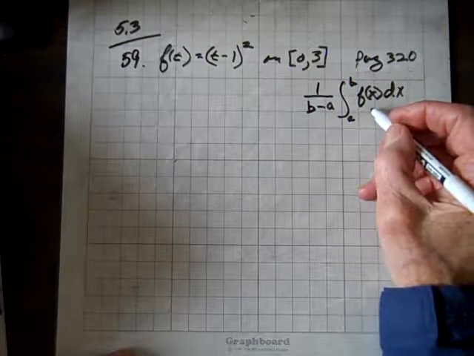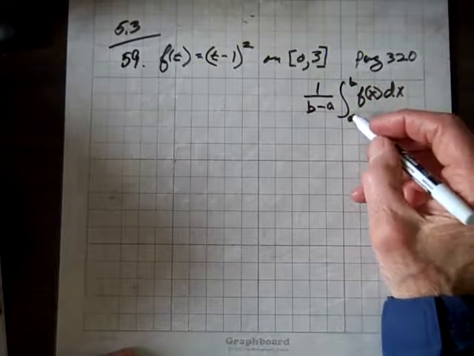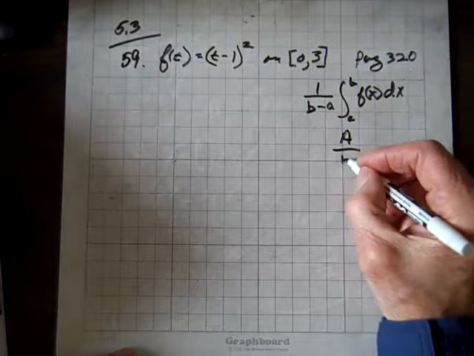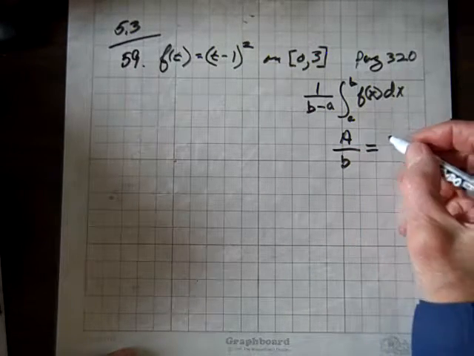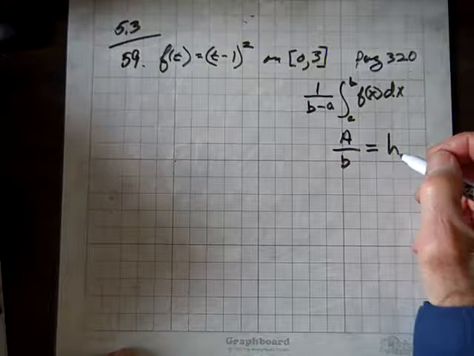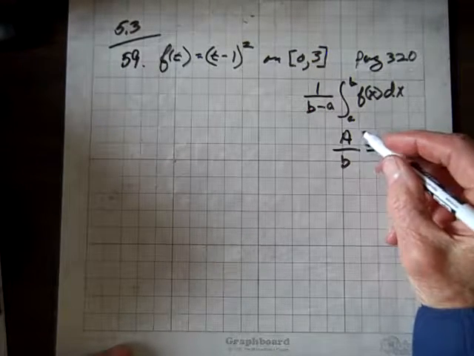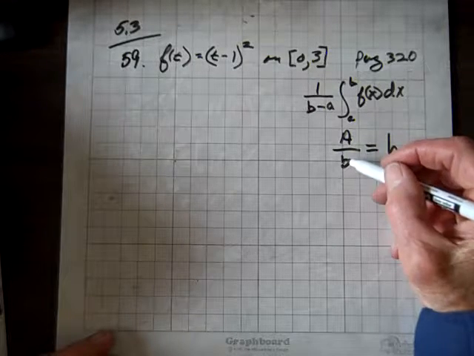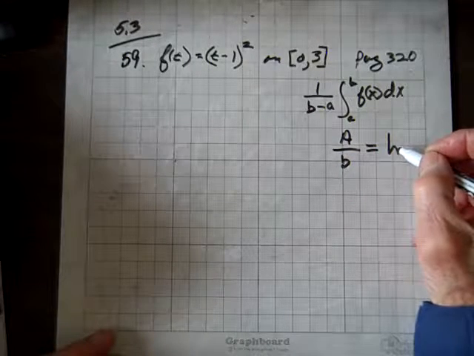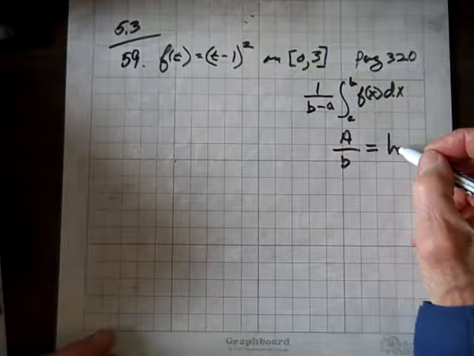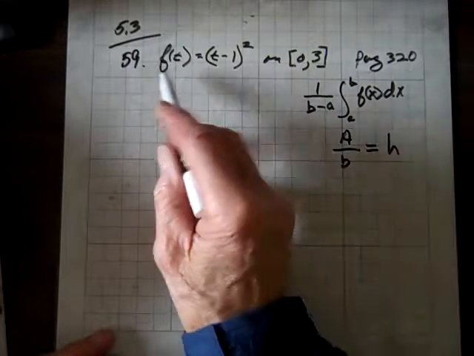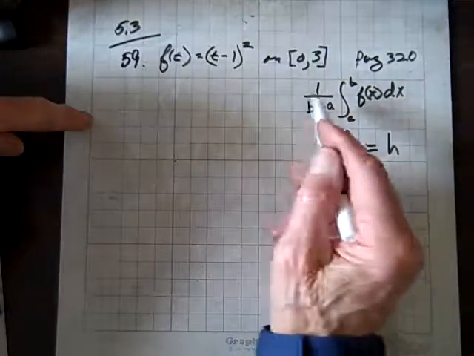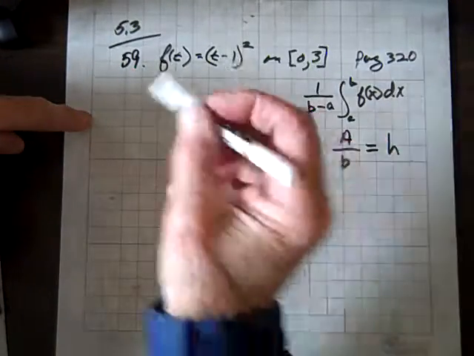Well, this is the area, and we're dividing the area by the base, and what we'll get back is the height, because base times height is the area for a rectangle. So when we divide the area by the base, we'll get the height of the rectangle that would have the same area as the area under this curve on the interval 0 to 3.